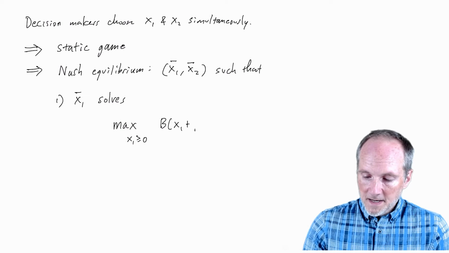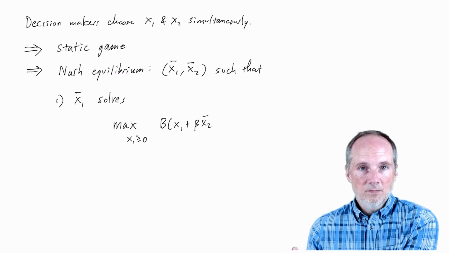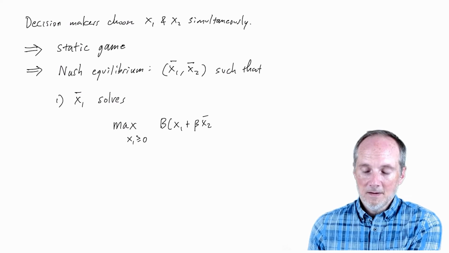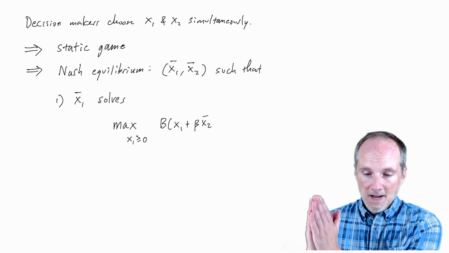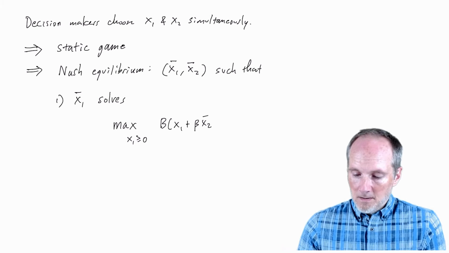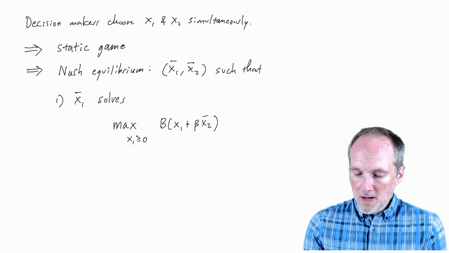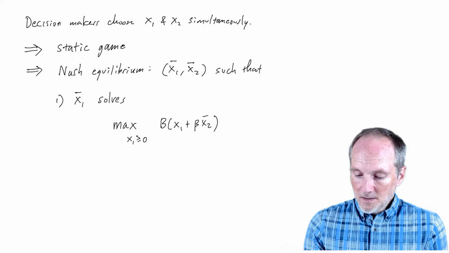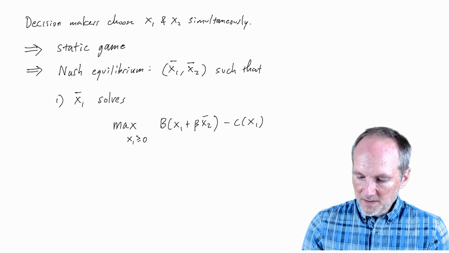But we're going to take person 2's activity level as fixed. It's a parameter of person 1's problem, right? They can't decide for person 2. They just have to have this expectation and do the best they can given that. Okay, so they're going to maximize their benefit minus the cost, which only depends on their own activity level.